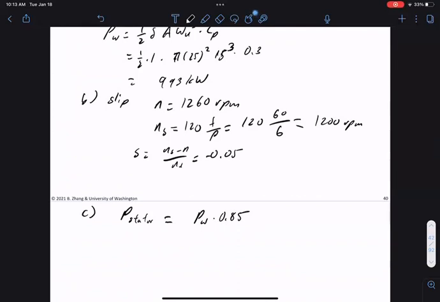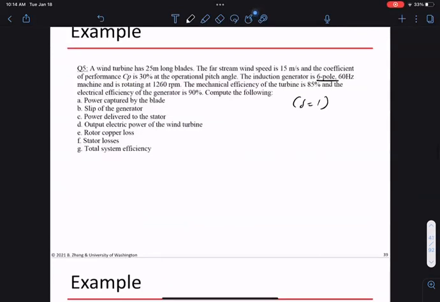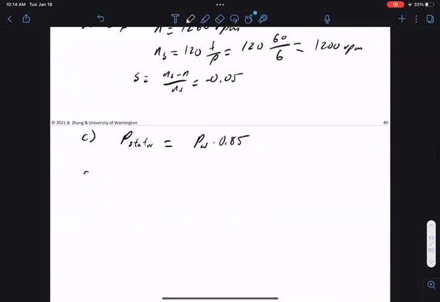So now let's compute the air gap power. Let's compute the output electric power. So we get power to the stator. Let's see how much power we get at the end of the day. So this output power, with this partial stator power, how much do we get out of it?